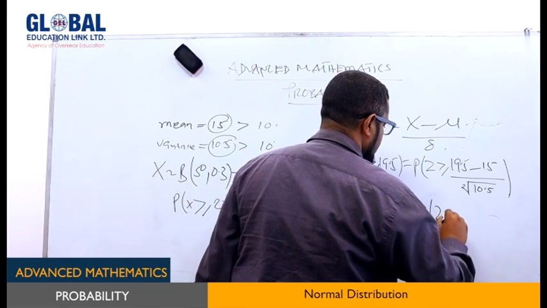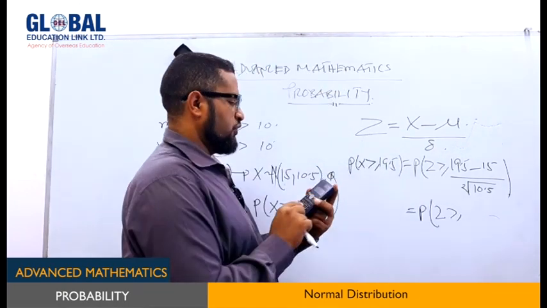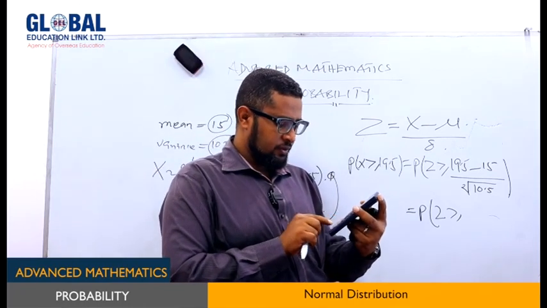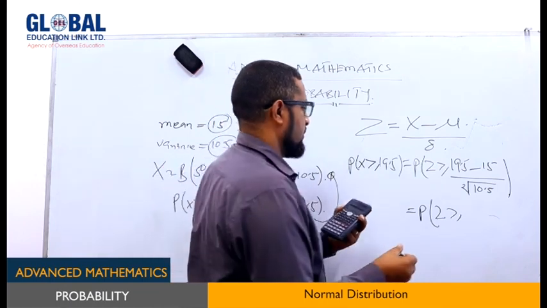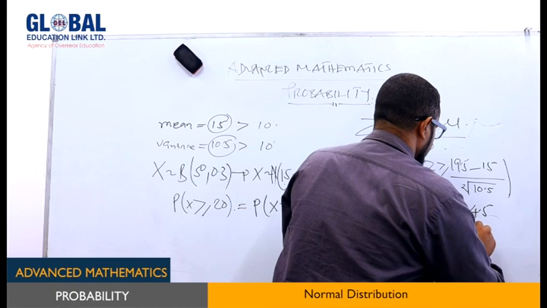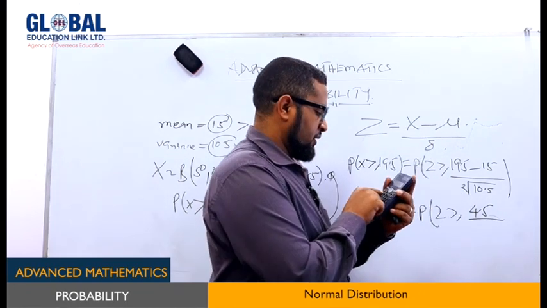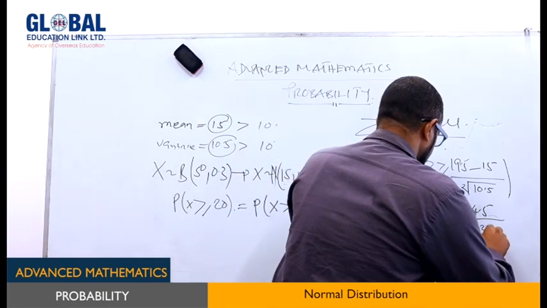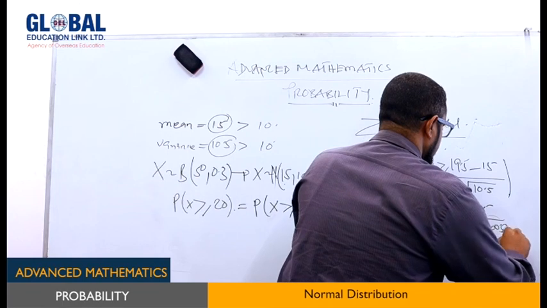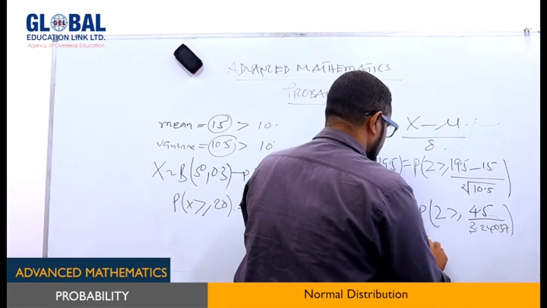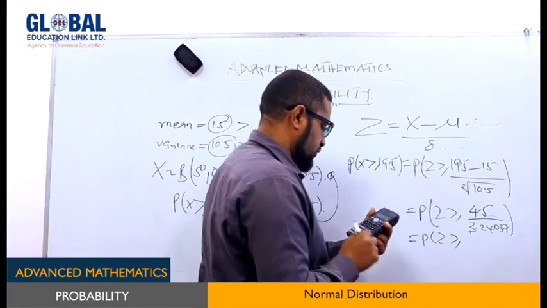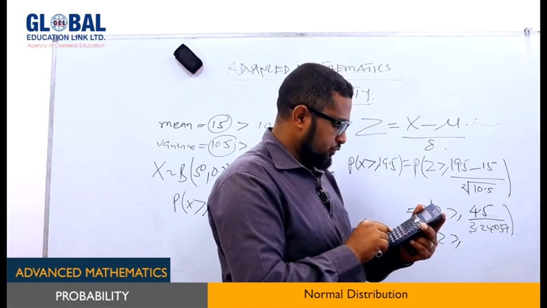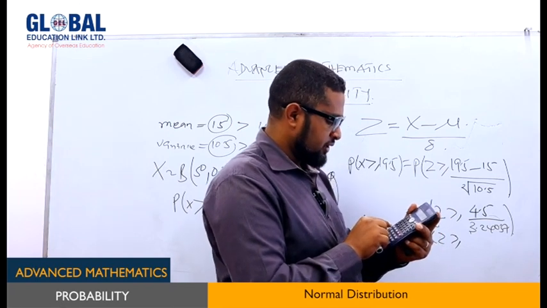So the probability of Z greater than or equal to, use your calculator, 19.5 minus 15, you get 4.5 divided by the root of 10.5, which is 3.24037. Then to the last point, Z greater than or equal to 4.5 divided by 3.24037.